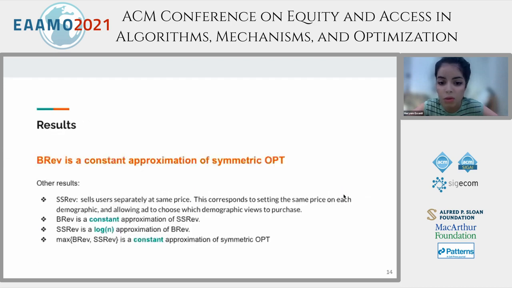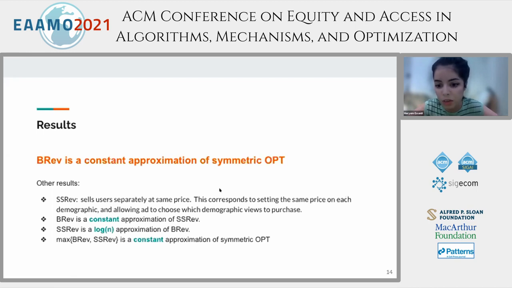Our main result is that this BREV auction is a constant approximation of symmetric opt. So for a single population of additive buyers with independent item values and any number of independent items, bundling the items together, which in this case corresponds to just concealing all demographic data and treating all users the same way, is going to achieve a constant factor approximation to the revenue optimal item symmetric auction.